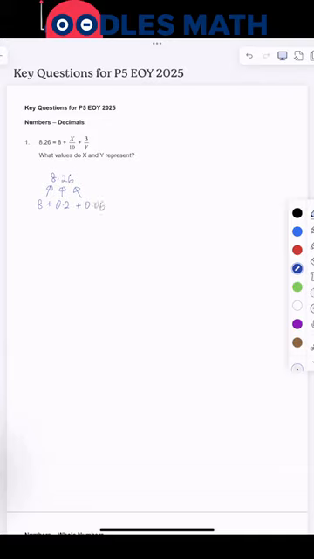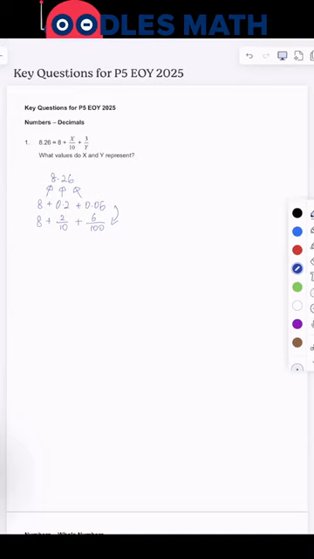From here, let's convert the decimal numbers into fractions. The whole number remains as it is, 0.2 will actually be 2 over 10, while 0.06 will actually be 6 over 100. This is how we first convert from decimal to a fraction.